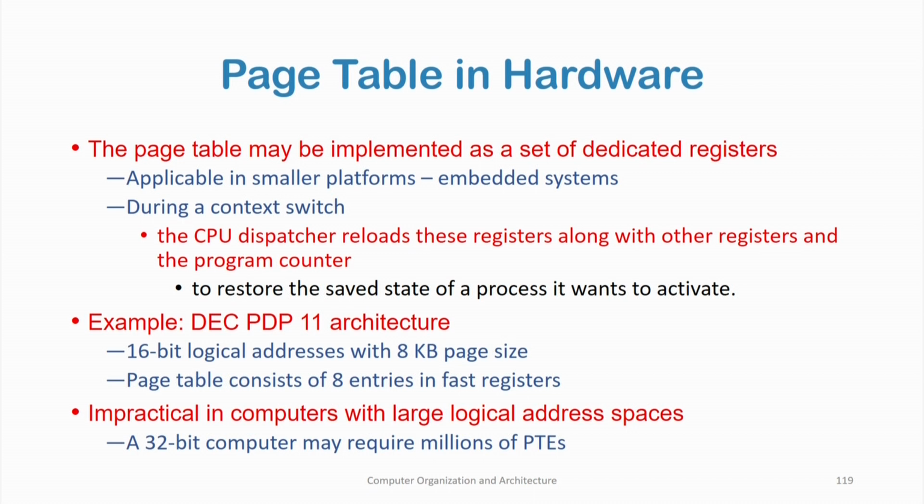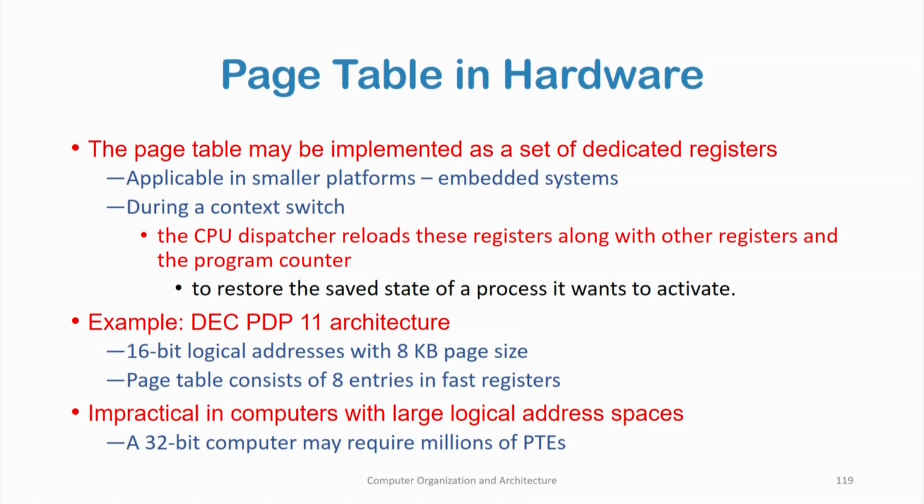The contents of its page table, the contents of its other registers, and also the program counter. So, after a context switch, because we have the saved program counter known, the process can start from the place where it was previously evicted from the CPU.